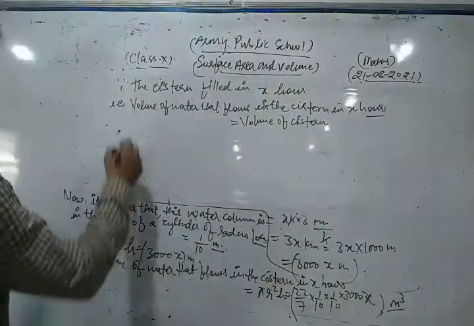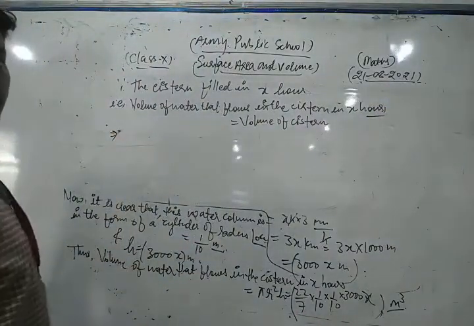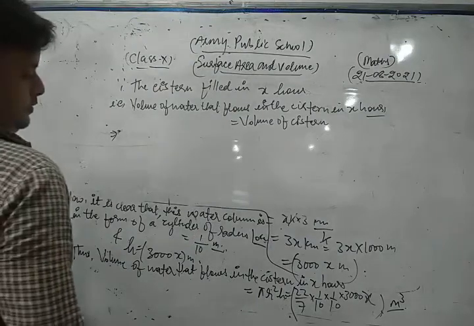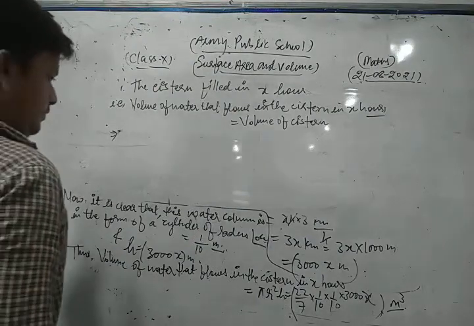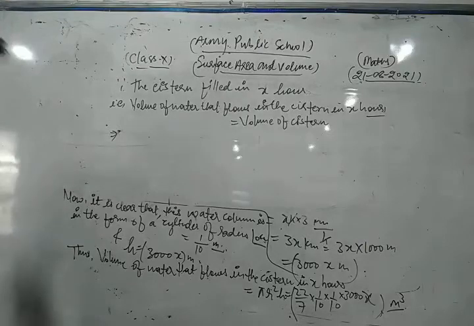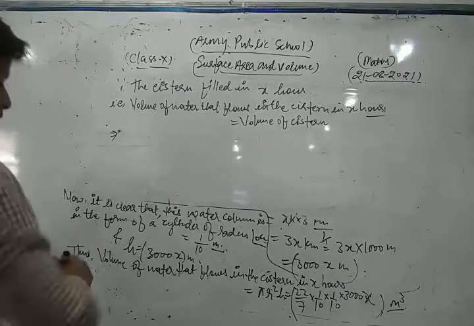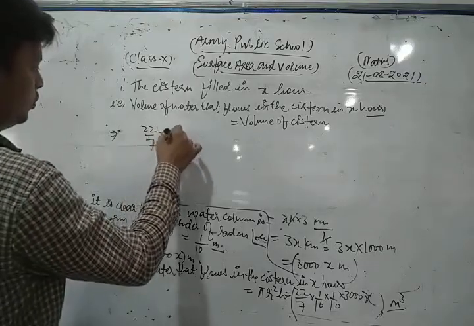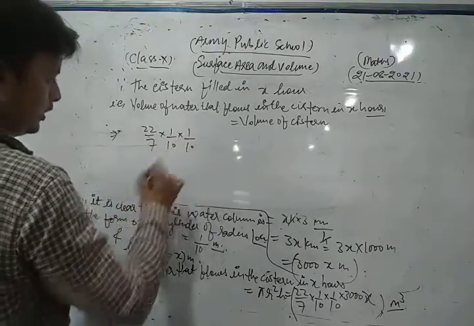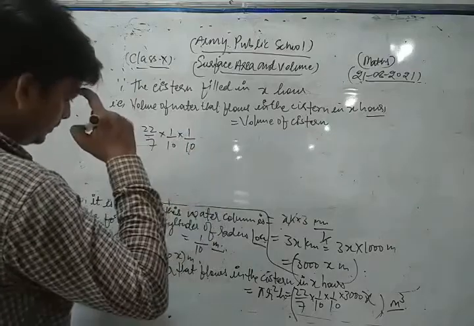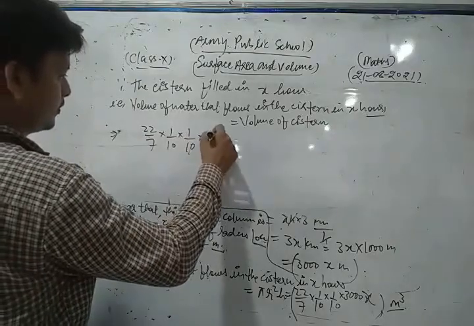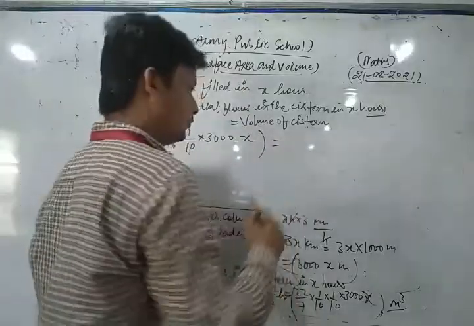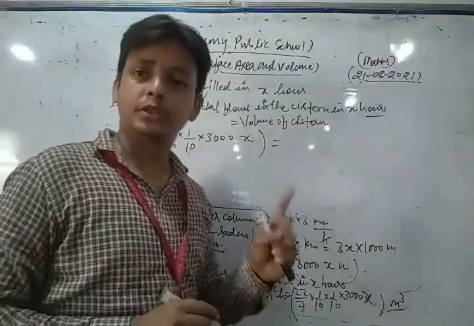Now we put all the values, which is equal to 22 upon 7 into 1 upon 10 into 1 upon 10, x, is equal to the volume of the cistern.